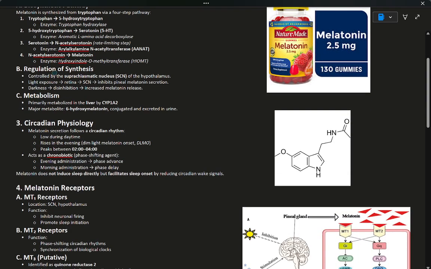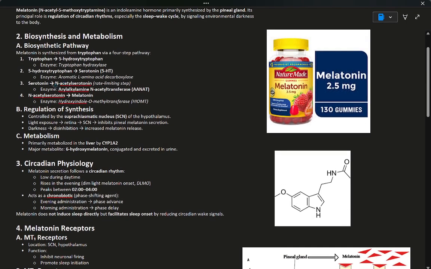let's move on to the regulation of synthesis of melatonin. This synthesis process is controlled by the suprachiasmatic nucleus of the hypothalamus. What happens is that with light exposure, the light is going to travel to the retina, and the resulting optic nerve signals will make their way to the suprachiasmatic nucleus.